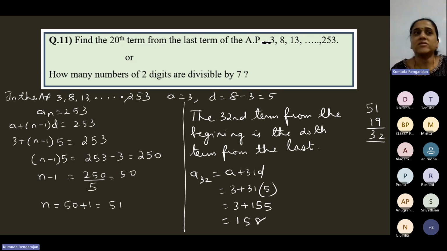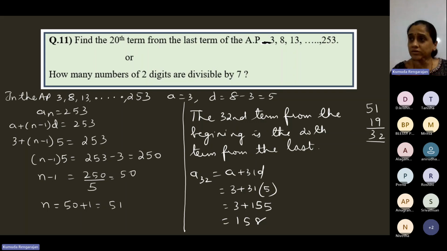Every term has a position from the beginning and a different position from behind. Now the expressions we use, we can find the term from the beginning, not from the end. When you find A32 using A plus 31D, you're finding the 32nd term from the beginning, not from behind.